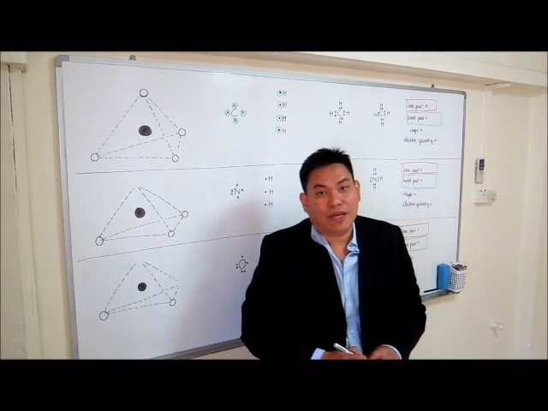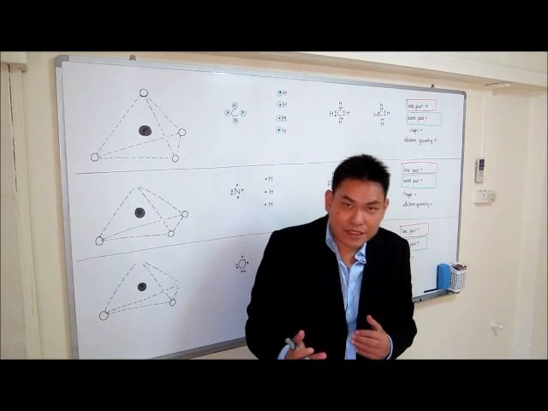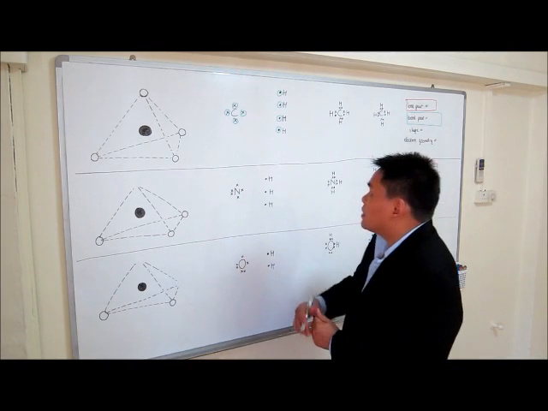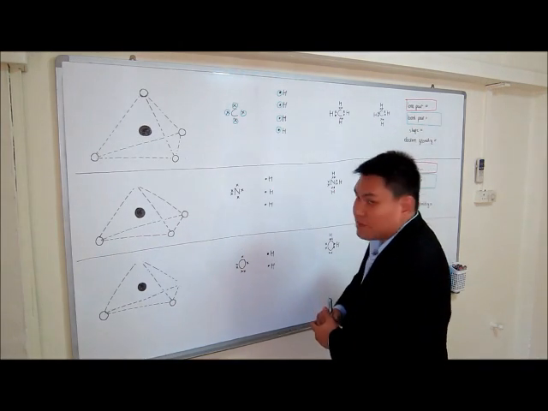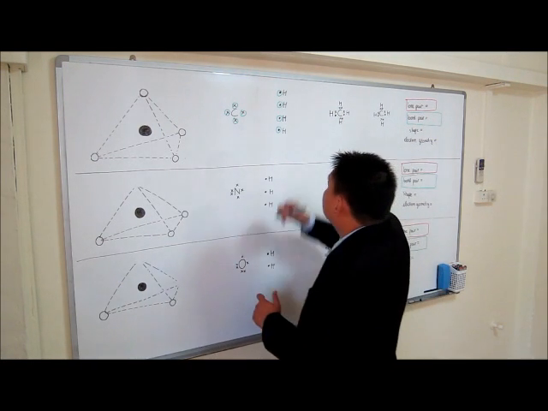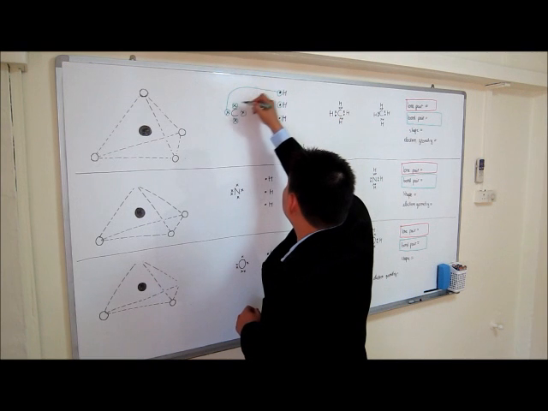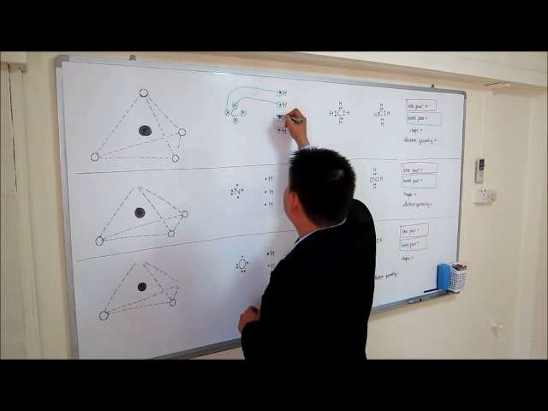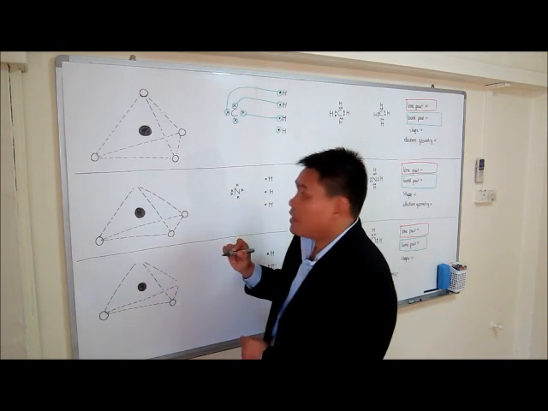So the number of unpaired electrons is matching. We can easily tell that carbon is the central atom. So we just connect the unpaired electrons between the central atom and the side atoms.